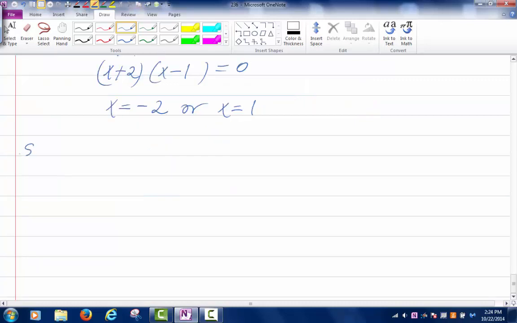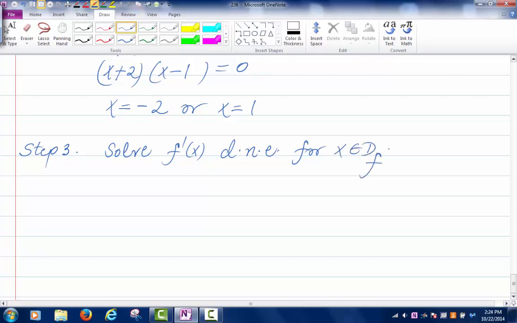Step number 3. I'm not done yet because I also need to know where the derivative does not exist. So solve f prime of x does not exist for x in the domain of f. When I say solve this, I mean find values of x where the derivative doesn't exist. However, what's the derivative?